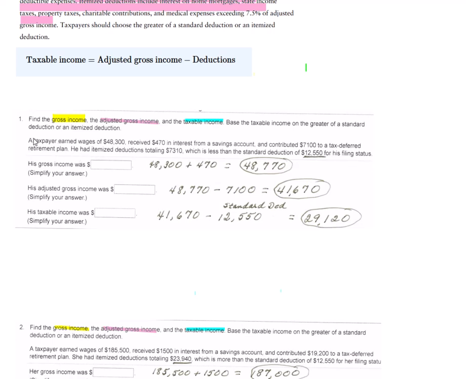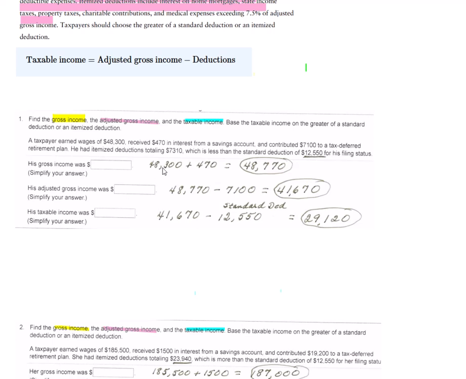It says, a taxpayer earns wages of $48,300 and receives $470 in interest from a savings account. Now we can pause right there. Those are two forms of income. Your gross income is the sum of those.